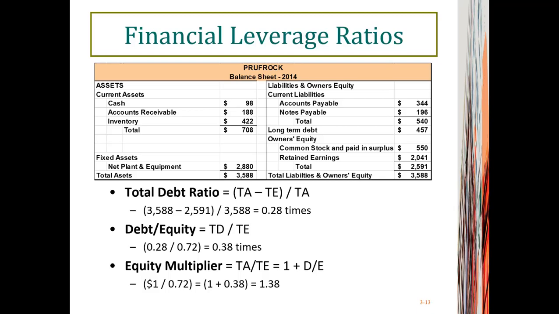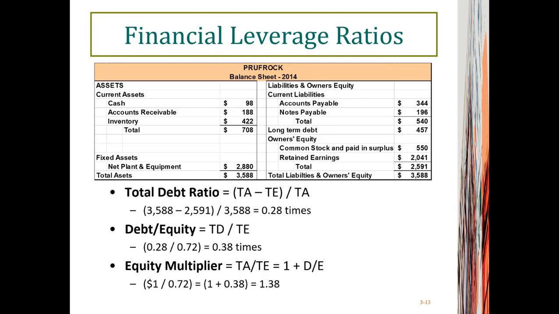First one is total debt ratio, that equals total debt divided by total assets. And here the number is 0.28, which means for each dollar of total assets operated in this company, about 28 cents of that $1 is financed by debt.